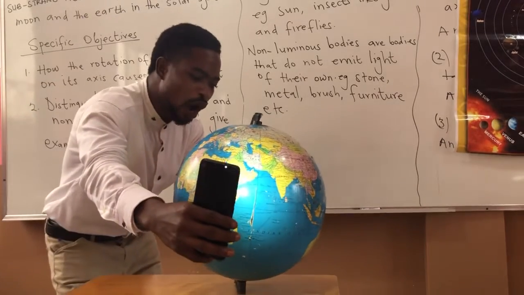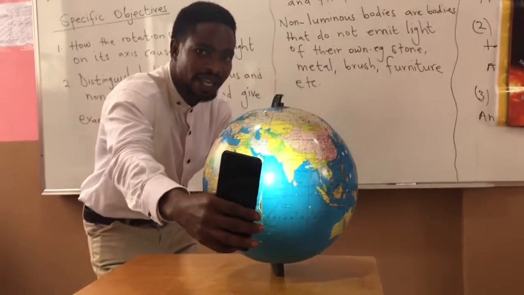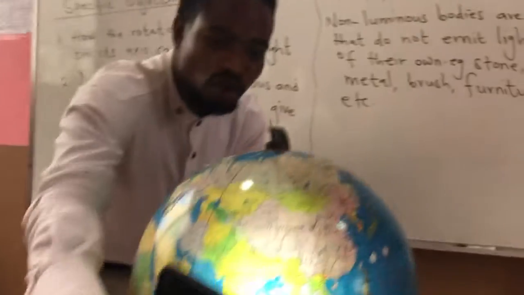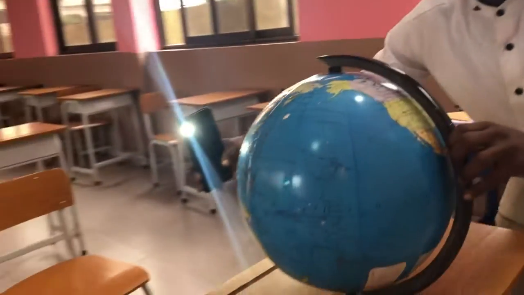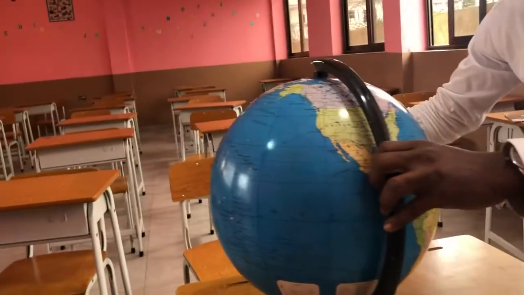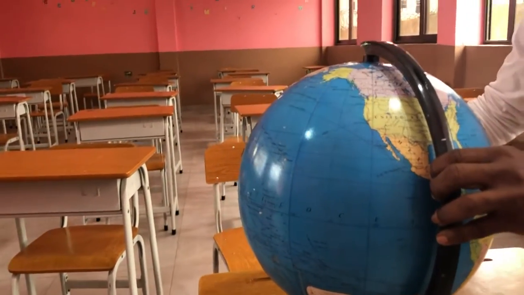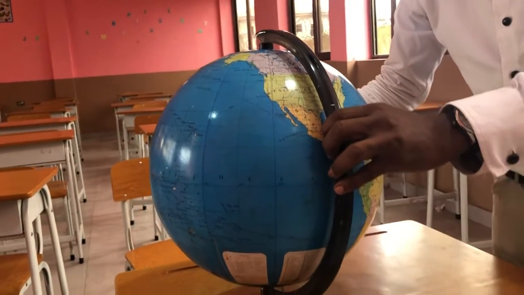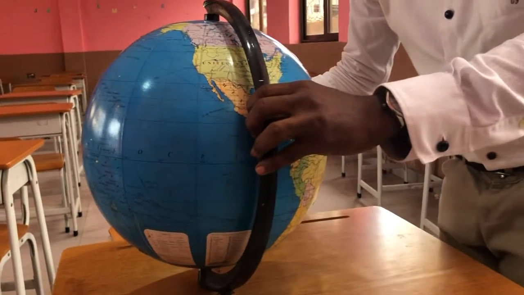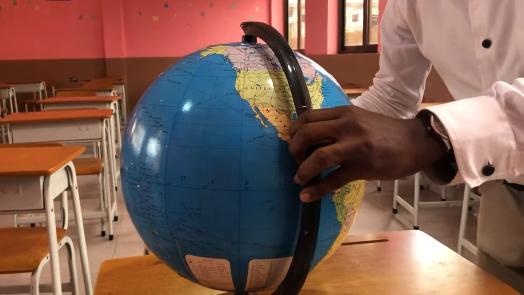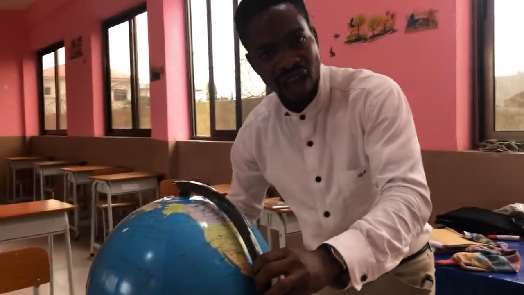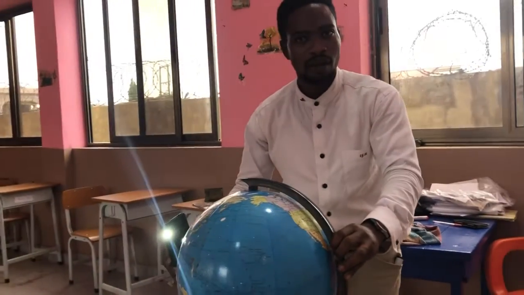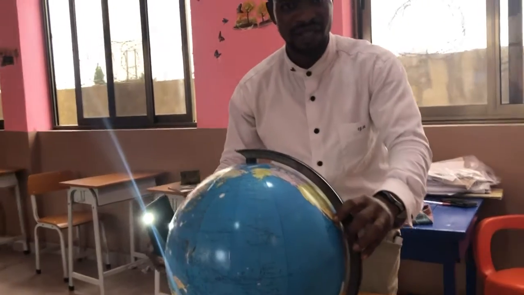Now on the opposite side, the other countries do not receive the light. So they are going to experience what we call night. So the rotation of the earth on its axis causes day and night. I hope you understand this.